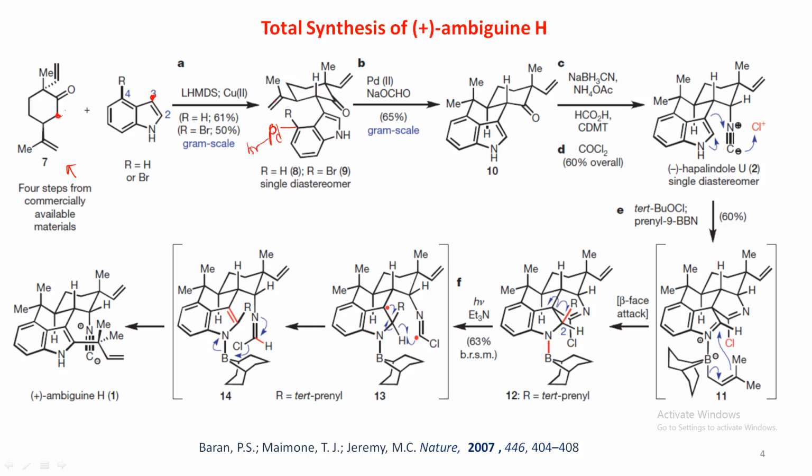Then the migratory insertion. So at first let's say this, then migratory insertion would form this particular bond, which is the six member one. So that's how this six member bond is formed, and they have generated this particular molecule.